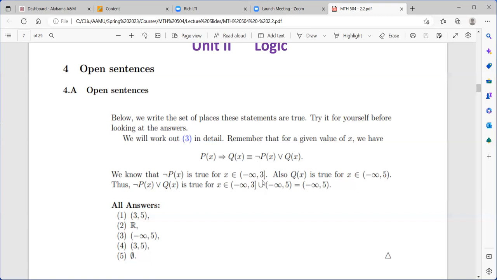So translating this into union, right? Disjunction, that's either or. So in terms of numbers, that means the union of these two sets, and it's from negative infinity to 5, it turns out. That's the answer.